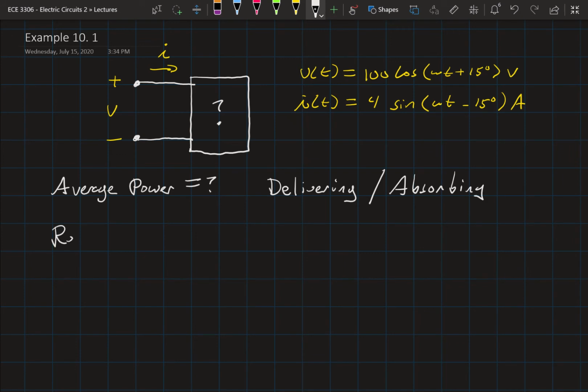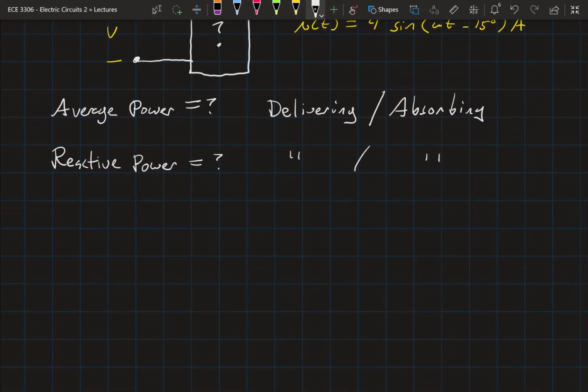And we want to calculate the reactive power, and also know if it's delivering or absorbing. So let's do the average power first. We know that our equation for P is just V RMS times I RMS times the cosine of theta V minus theta I.